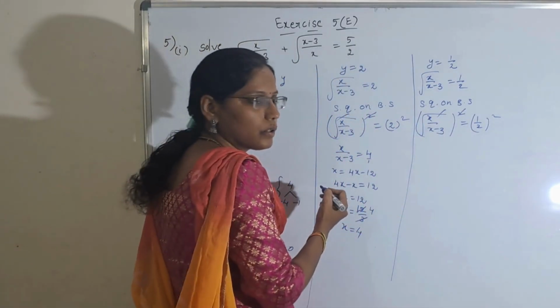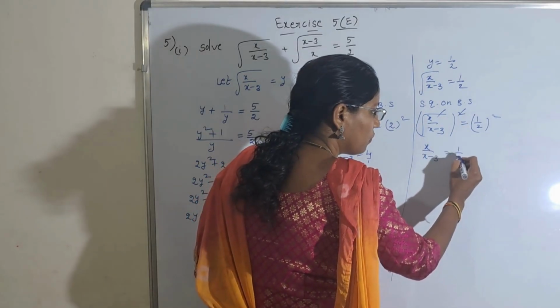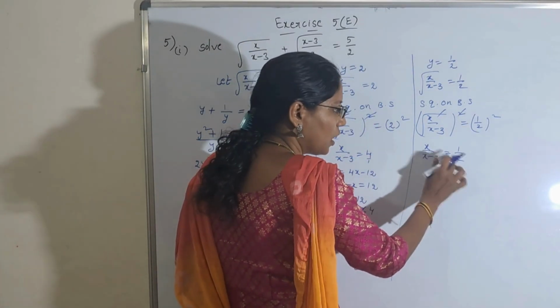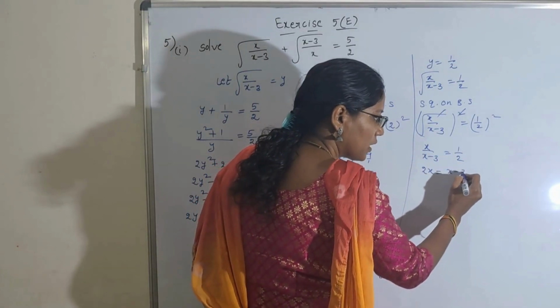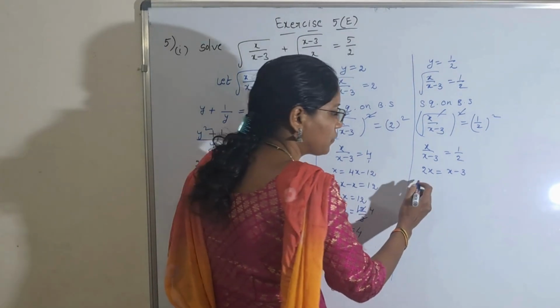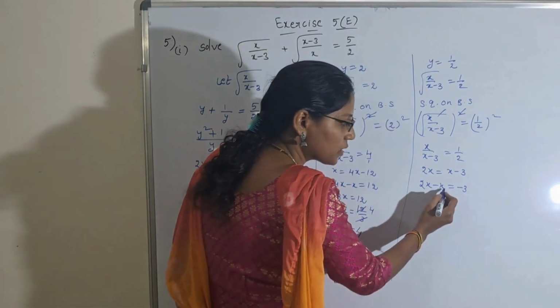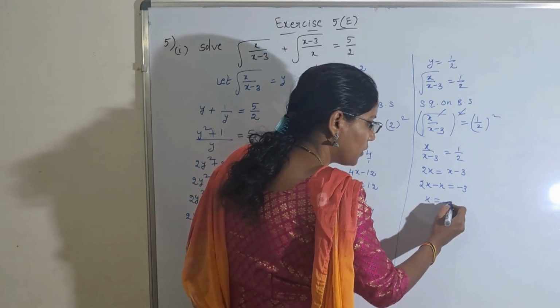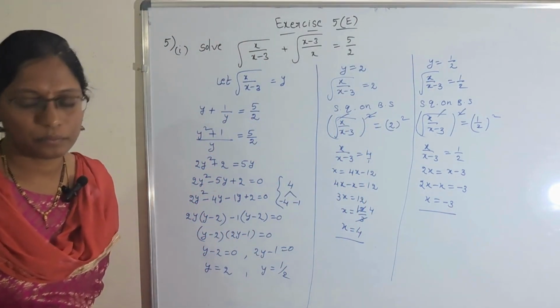Square root cancels, remaining x by x minus 3 is equal to 1 by 2. Cross multiplication: 2 into x, 2x is equal to 1 into x minus 3. X we shift to the left side: 2x minus x is equal to minus 3. X equal to minus 3. And the other value, x is equal to 4.